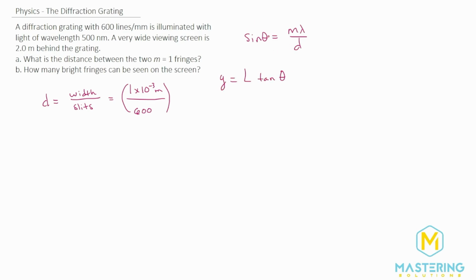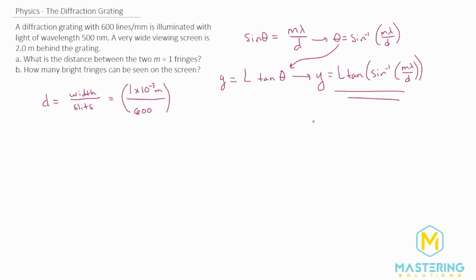We need this one so that we can isolate theta: theta is equal to the inverse sine of m lambda over d. Then we can plug that in, so we have y equals L tangent of inverse sine of m lambda over d. This is the equation we'll be using for this question.